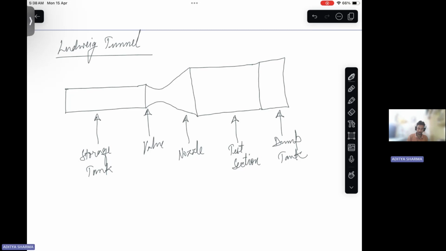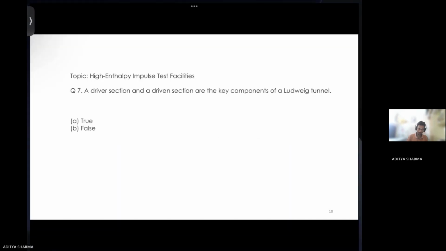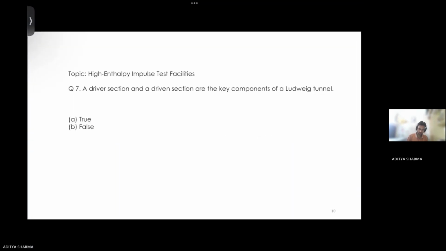Now, if we see the question, a driver section and a driven section are the key components of a Ludwig tunnel. Whether this statement is true or false.